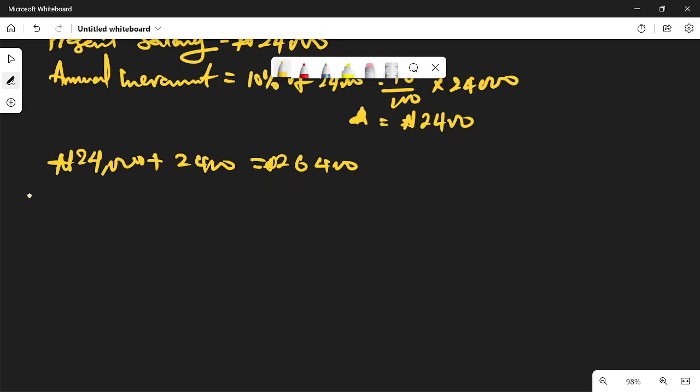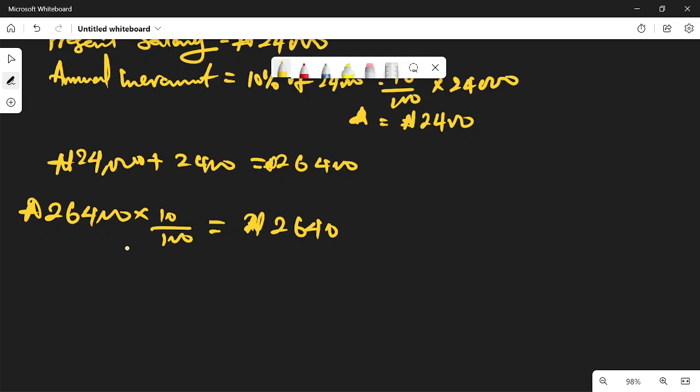So in the third year, remember, it is increased by what? 10% of its basic salary. Since he's currently earning 26,400, next year, if he's going to collect salary, it's going to be 10% of this particular one here. So 10% of this is going to give us 2,640.